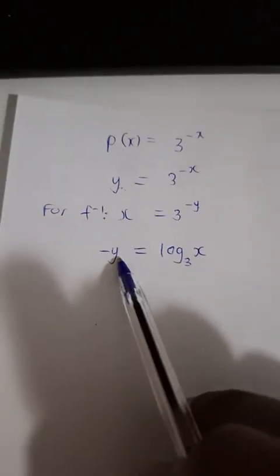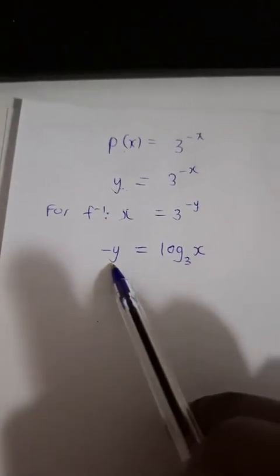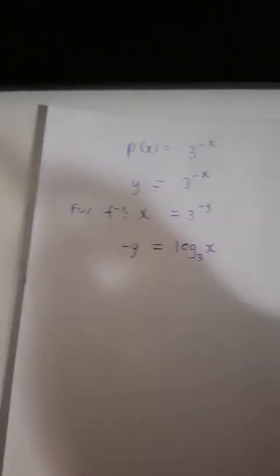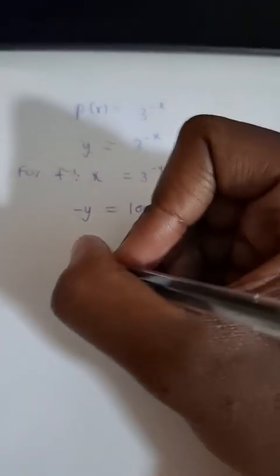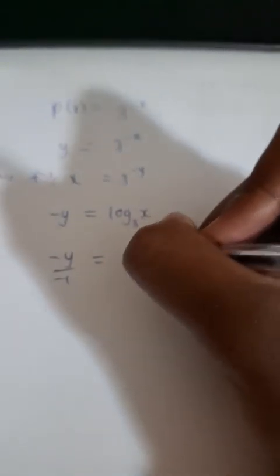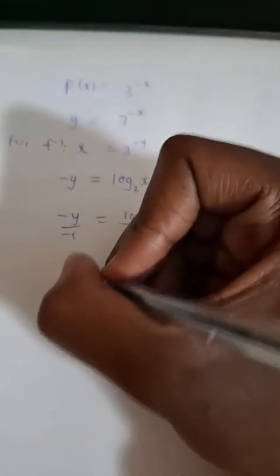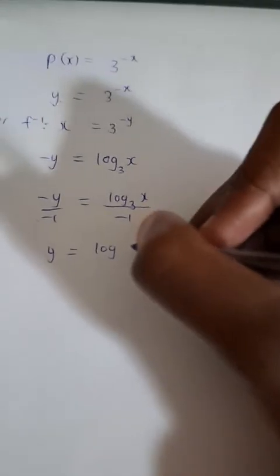But remember, guys, our subject needs to be positive. We can't have a what? A negative subject. So what is the coefficient of y? It's -1. We divide both sides by -1, which therefore means that our final logarithmic function is log x base 3.